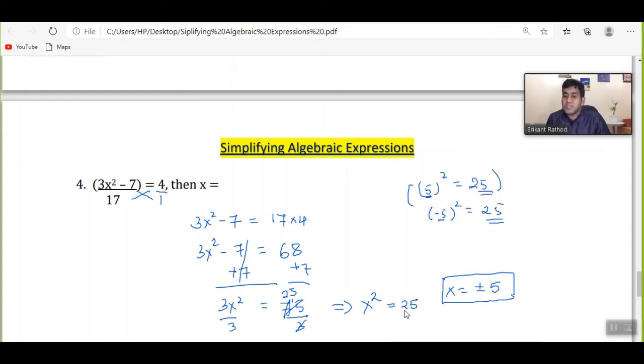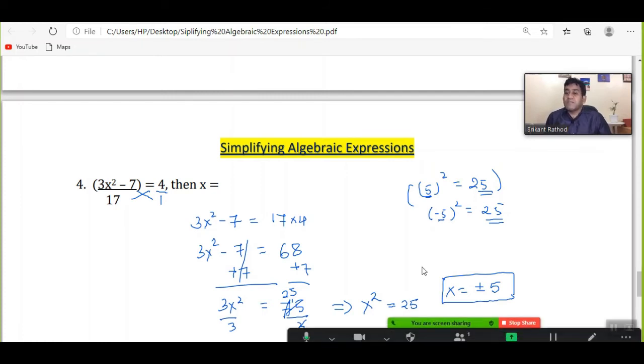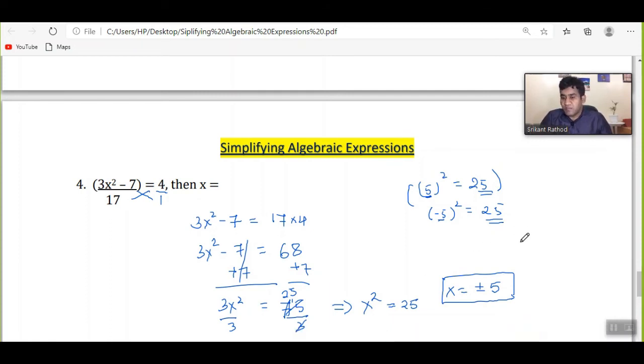Here I don't know whether this 25 is because of positive 5 or negative 5. That's why we consider this 25 may be because of both the positive and the negative 5. So to get the value of x, we say x is equal to the square root of 25, which is the same as plus or minus 5. This is how we solve for the value of x.